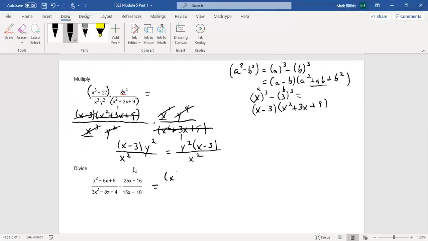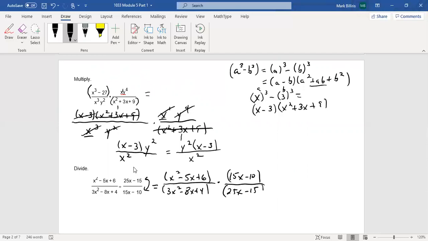So this becomes x squared minus 5x plus 6 over 3x squared minus 8x plus 4 times, now I'm going to flip the 2 over, 15x minus 10 over 25x minus 15. So all I've done is taken the reciprocal of my divisor. Your divisor comes after the division symbol, and I changed it to a multiplication problem.